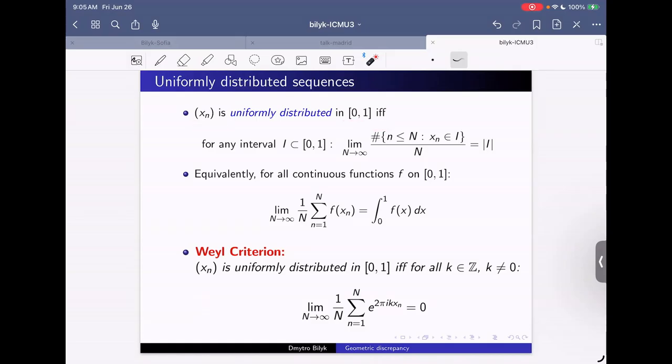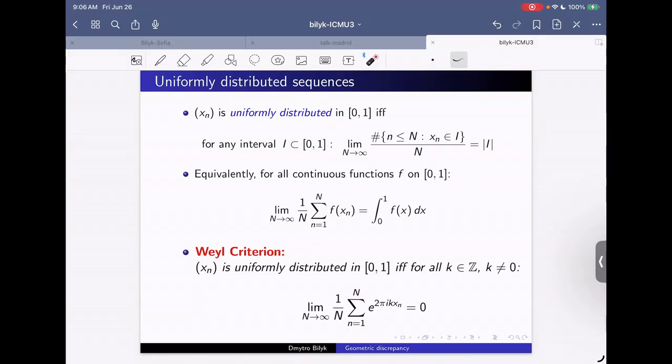The sequence is called uniformly distributed if, when you take any subinterval in [0,1], and you look at the number of points from your sequence, taking the first capital N points and counting how many of them lie in that interval, and you divide by N, which means you're taking the proportion of points that fall into the interval, then asymptotically, as N goes to infinity, this converges to the length of the interval.